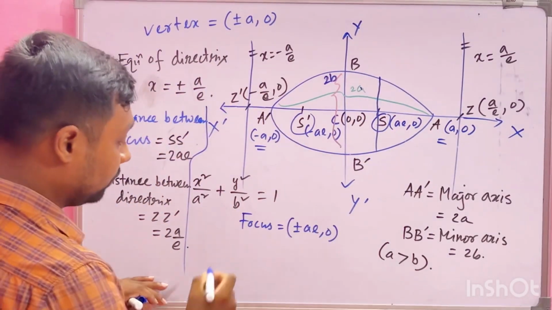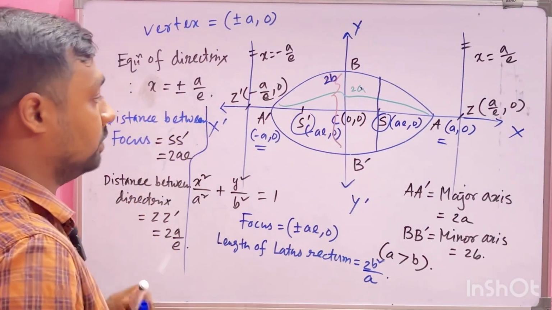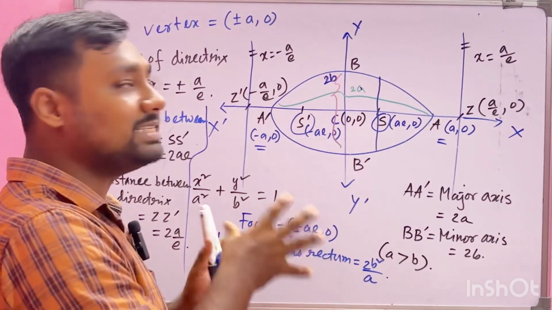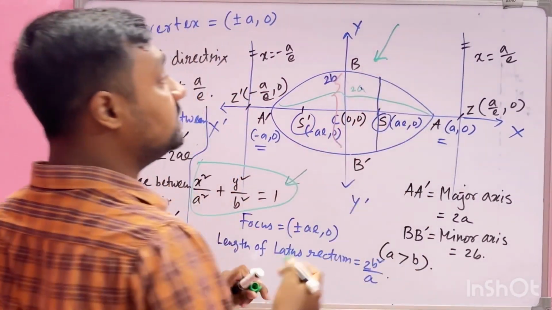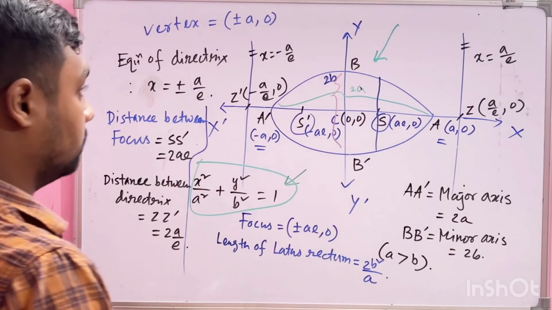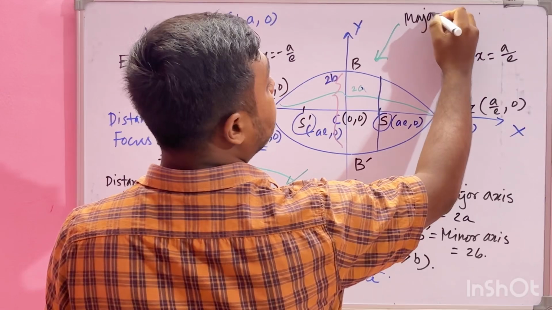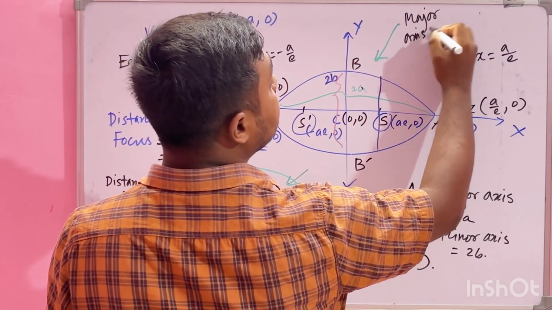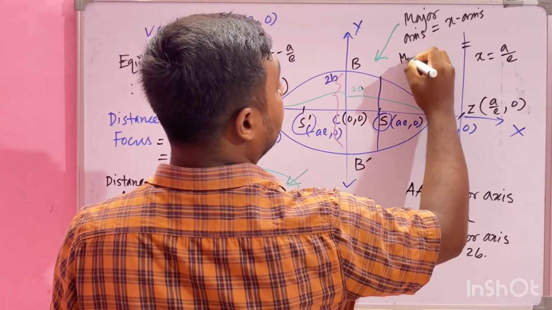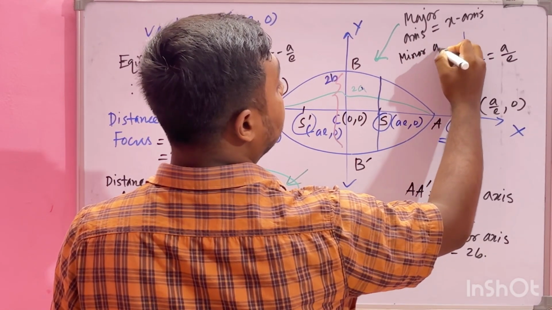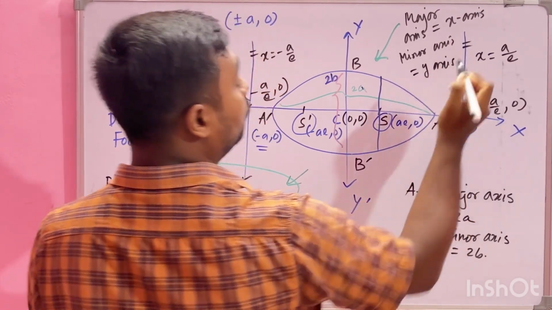The length of the latus rectum equals 2b square by a. So these are all the basic things of this ellipse. For this ellipse, the major axis is the x axis and the minor axis is the y axis.